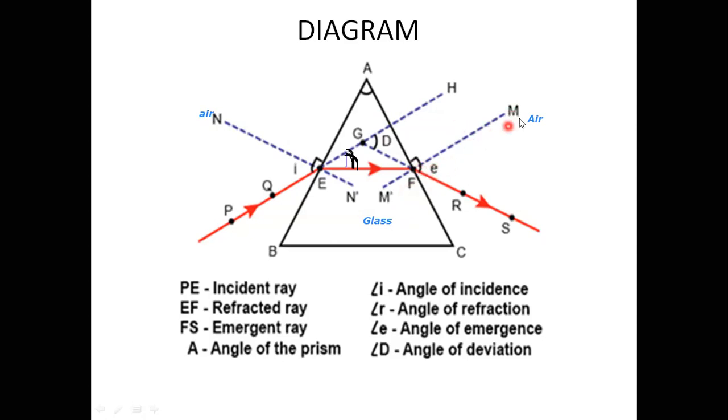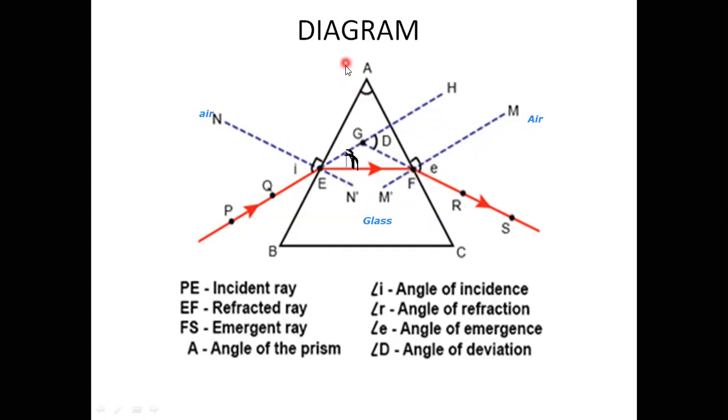Now again, M M dash is the normal to this surface AC. Since this ray EF is moving from glass to air, from denser to rarer, it is moving away from the normal M M dash. So there also we see a certain angle of deviation.